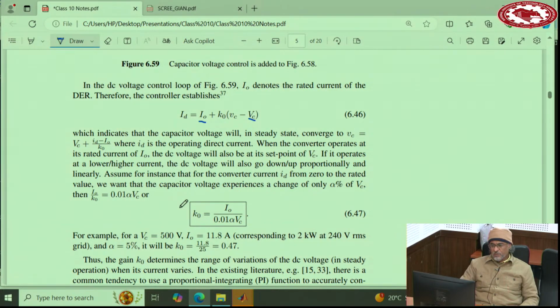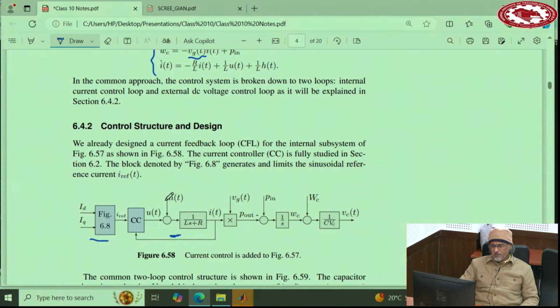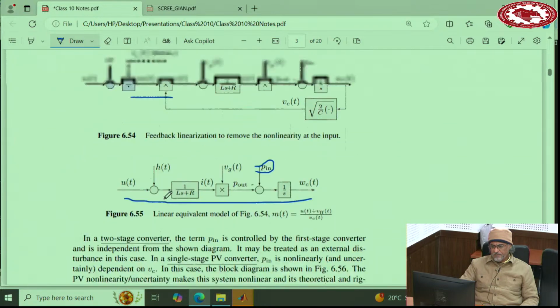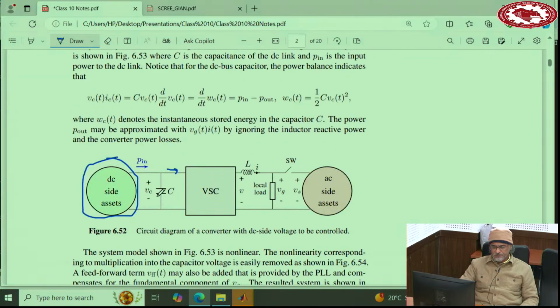So when the voltage goes up of the capacitor here, if you look at this structure, the power is coming. We decided to look at this power as disturbance, so we are not going to measure it. We are not going to focus on it. We just watch this voltage. When this voltage goes up, it is an indication that more power is coming.